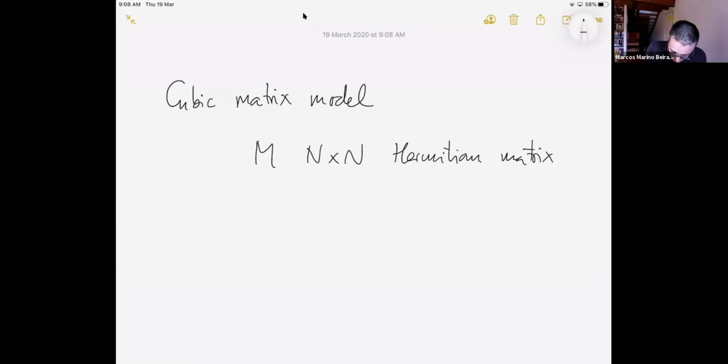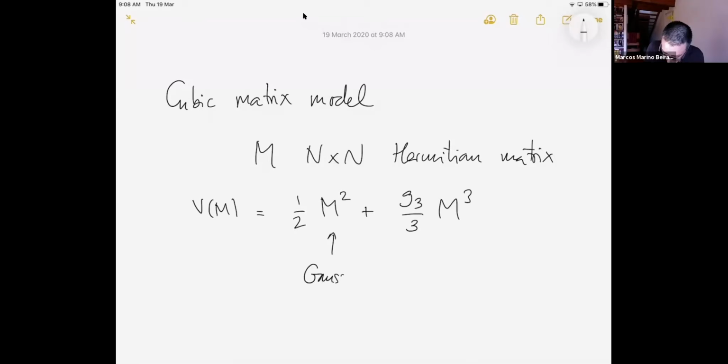Then we consider a potential which is a Gaussian piece plus, let me use this normalization, a cubic piece, and I will treat this theory as any quantum field theory in which this is the Gaussian part, and this is the interaction.